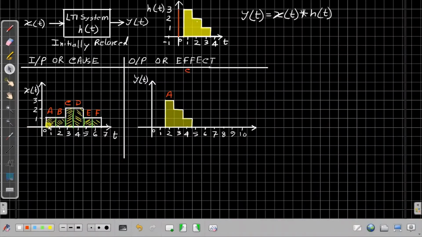Let us consider only one slice of the input and the effect of that one slice.